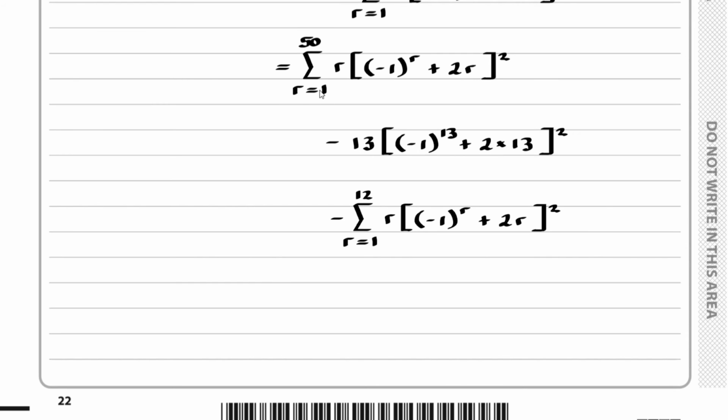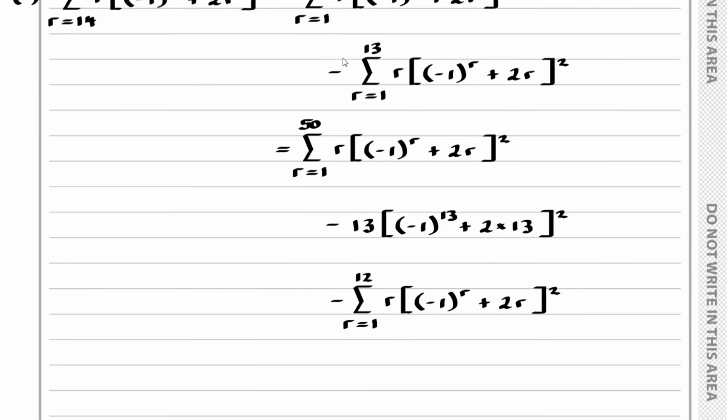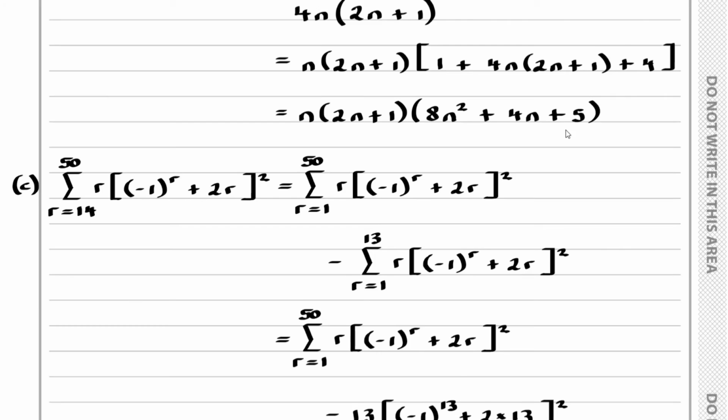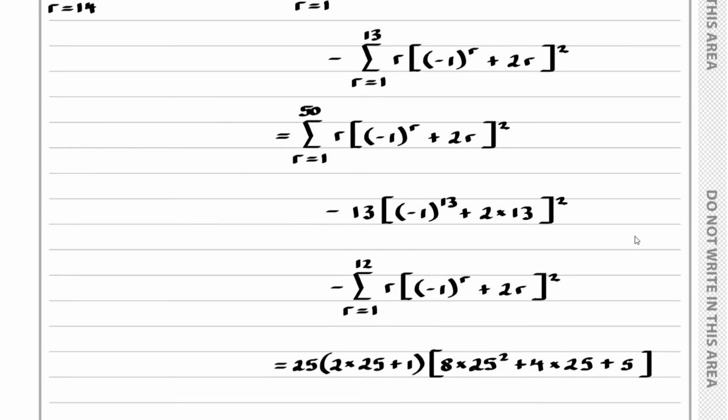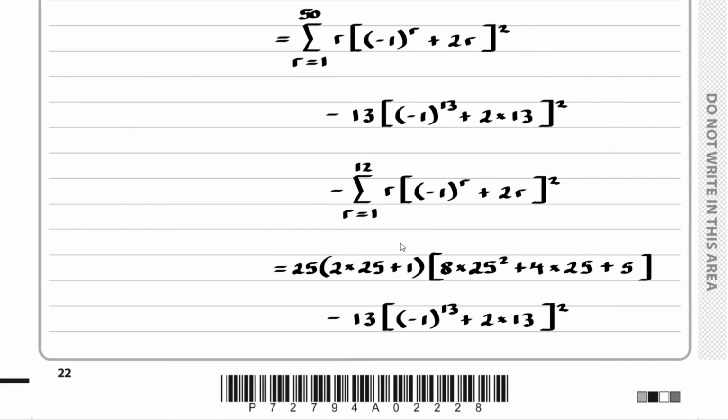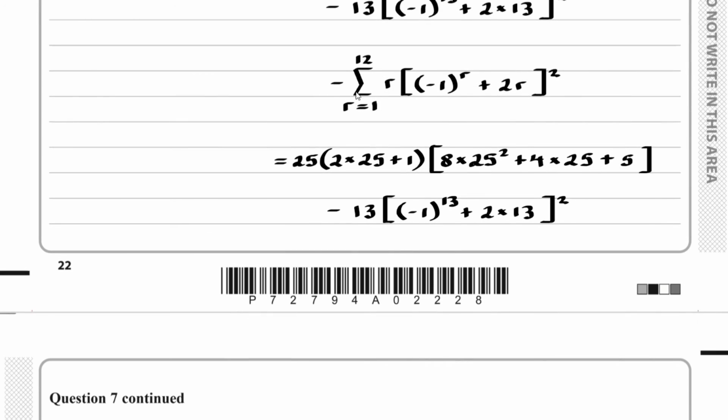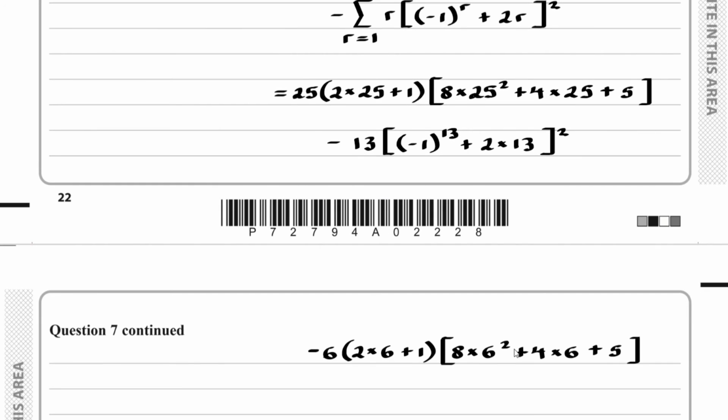So evaluating the sum from r equals 1 to r equals 50, what we have to do is substitute in 25, as we see here. Then we've got to subtract the 13th term, and then we also have to subtract the sum of the first 12 terms, and that occurs when n is equal to 6, as we see here.